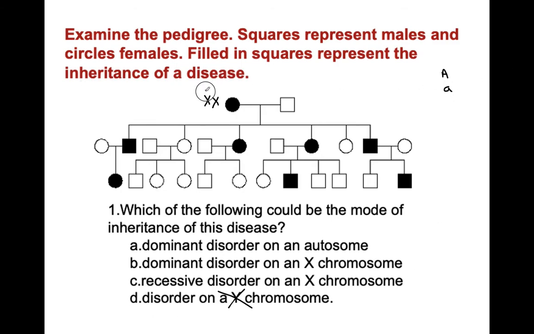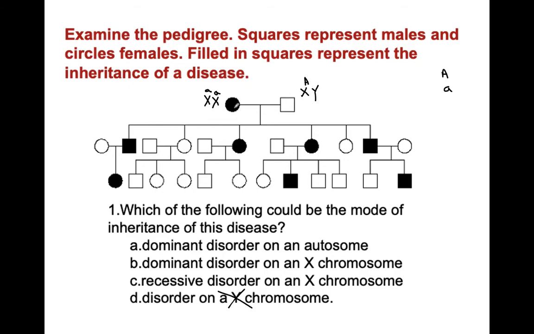So the genotype of this female would be this, little a, and this would be a male, so they would have an X chromosome and a Y chromosome. Now they're not showing the disease, that means they're carrying the dominant allele.